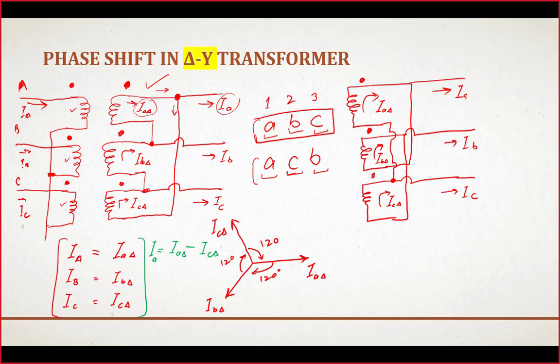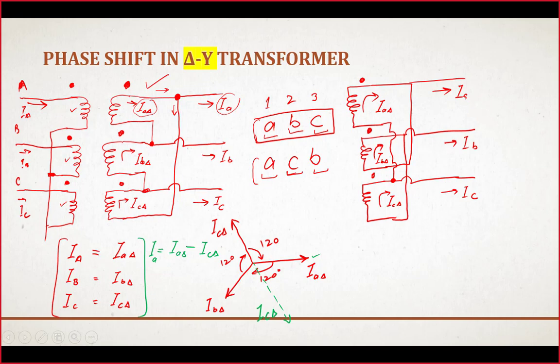Now if I implement this equation, IA delta minus IC delta, with the help of the phasor diagram, where is this IA delta? Here is that phasor IA delta. Where is this phasor minus IC delta? This is IC delta. It's a 180 degree replica. Here this phasor is minus IC delta.